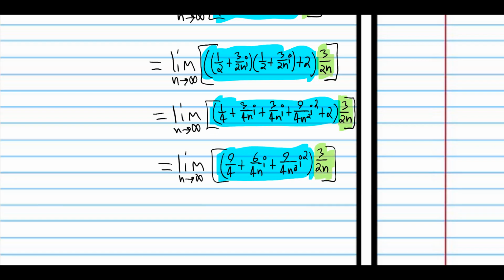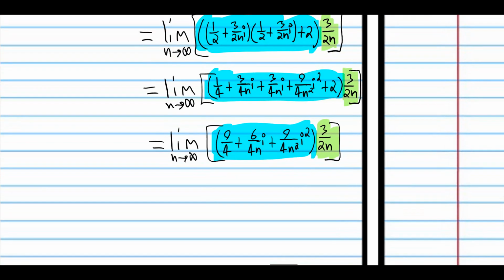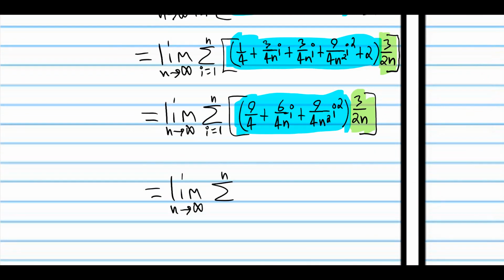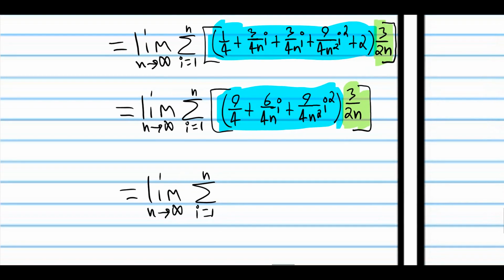And we still have the 3/2 n hanging out there. So now we're going to distribute the green, and we get 27/8 n, and we get 18/8 n squared times i, and we get 27/8 n cubed times i squared.